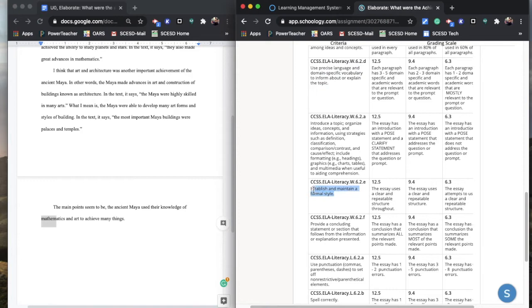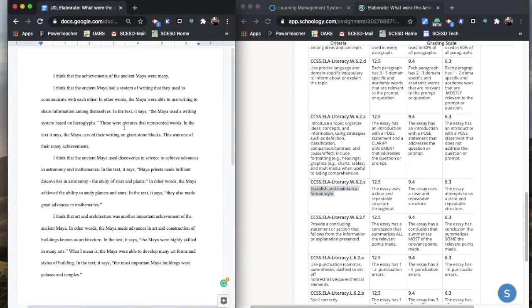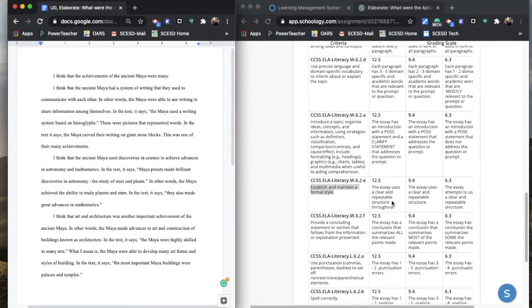Let's go to E, establish and maintain a formal style. So this is a little bit more complicated. The essay uses a clear and repeatable structure throughout. The essay uses a clear and repeatable structure. The essay attempts to use a clear and repeatable structure. Well, what is a clear and repeatable structure? It means that first you have it set up like an essay. So there's paragraphs, there's indents, there's tabs.